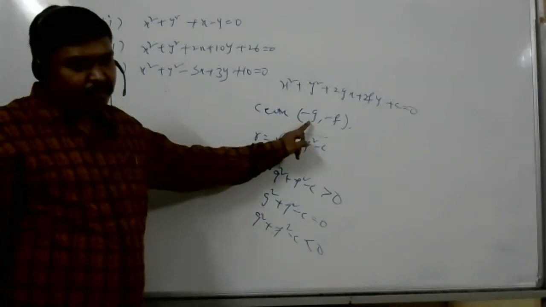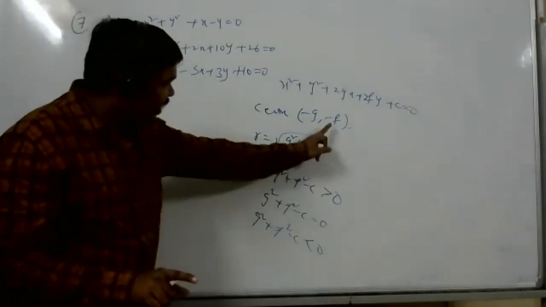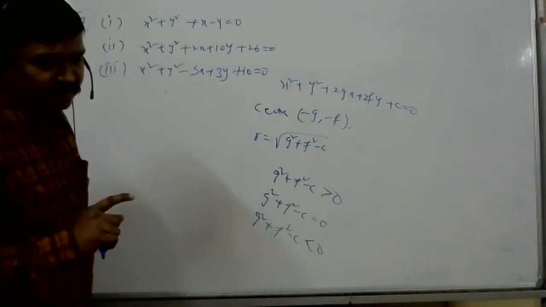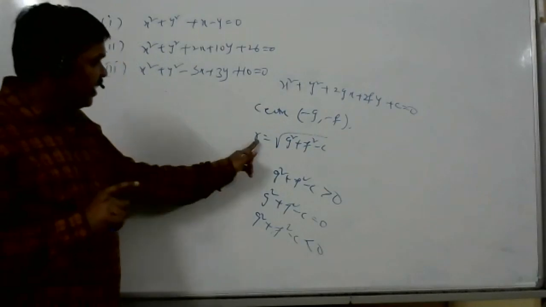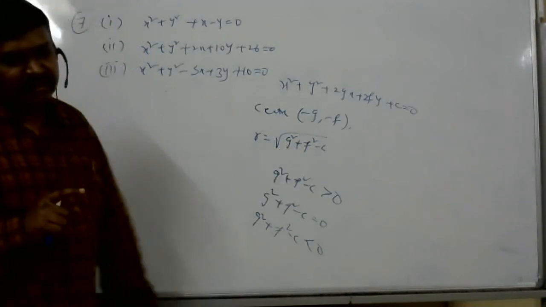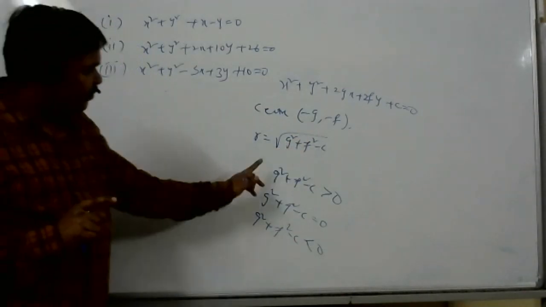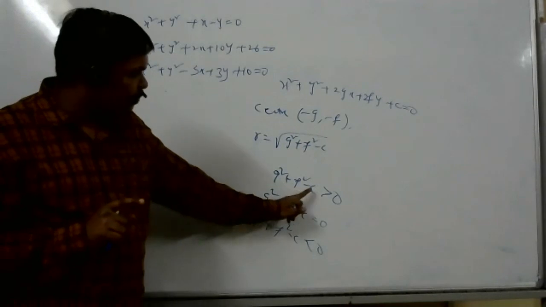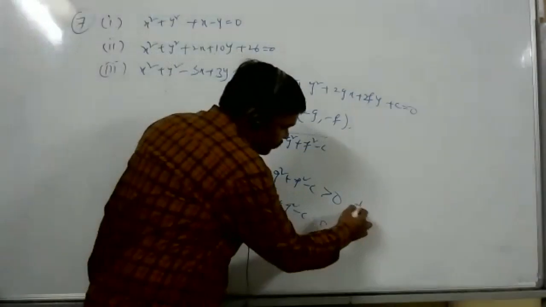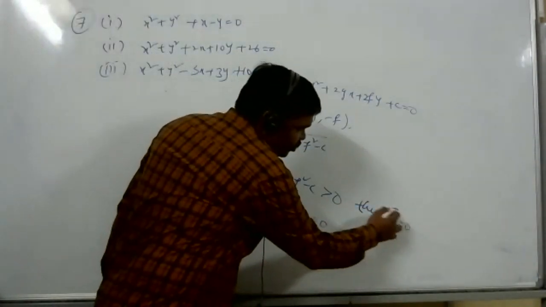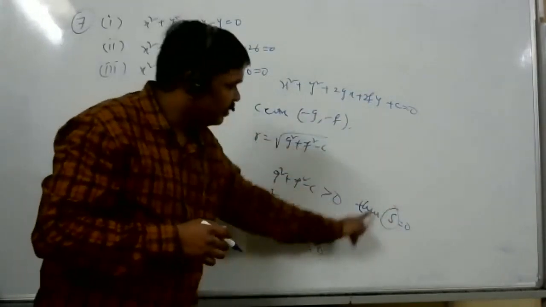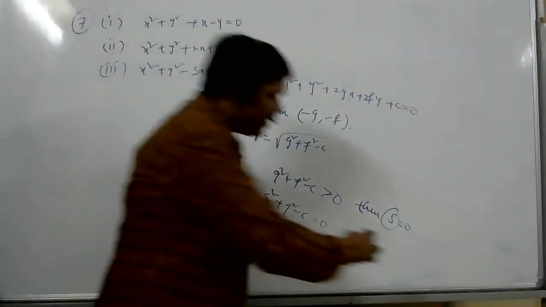Minus g means minus the coefficient of x by 2, and minus f means minus the coefficient of y by 2. And radius r is equal to under root g square plus f square minus c. If g square plus f square minus c is greater than 0, then s is equal to 0, where s means the equation, represents a real circle.